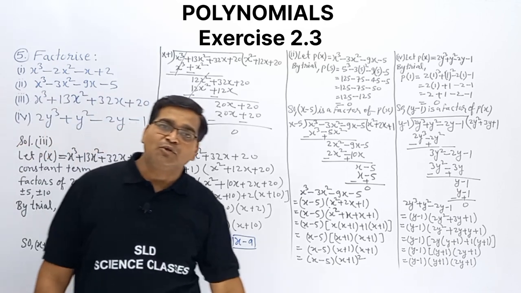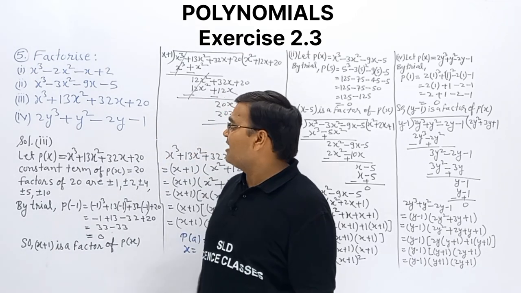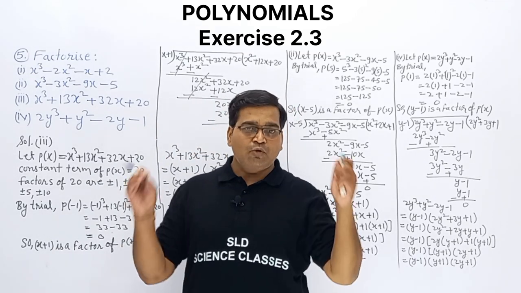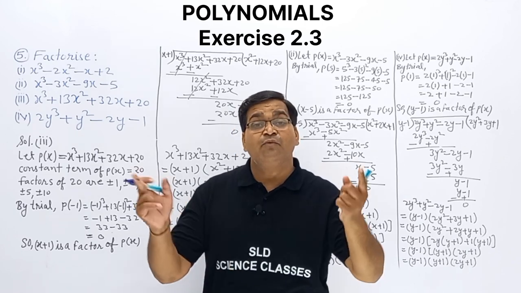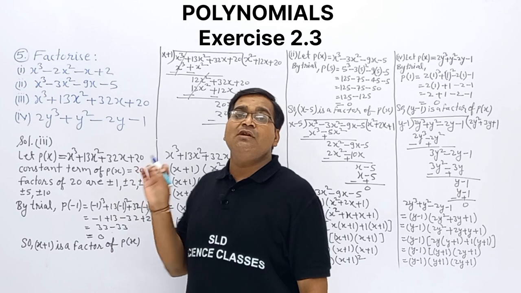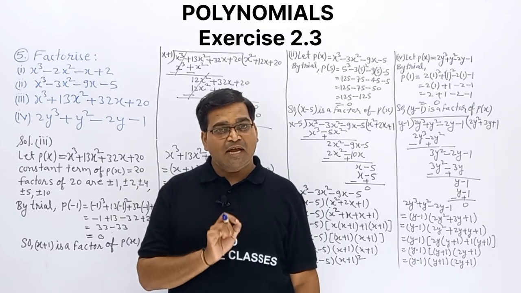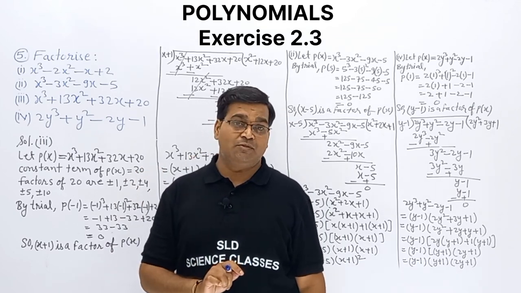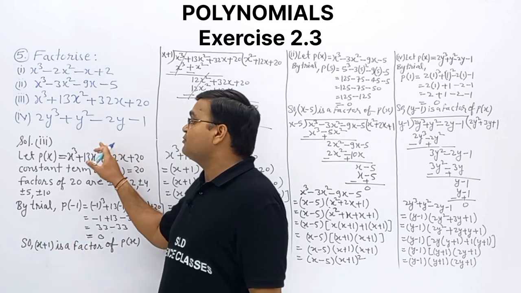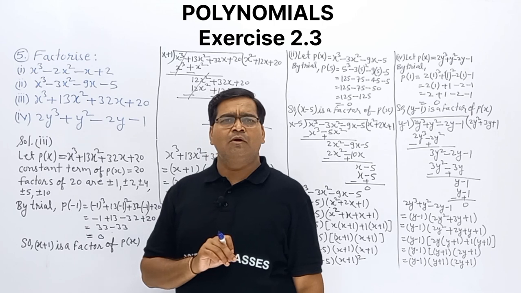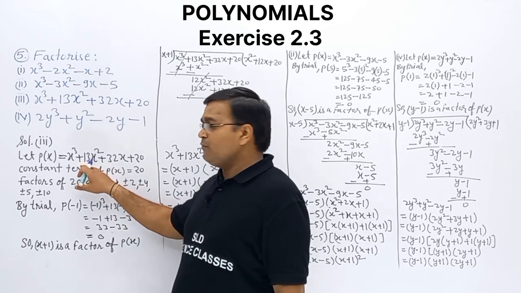Now a cubic polynomial has 3 factors. Out of 3 factors we are getting 1 factor. How we are getting 1 factor? By trial method, no other method we will use. By trial we are getting x plus 1 is the factor of this polynomial. Are you getting it or not? How will we find it?